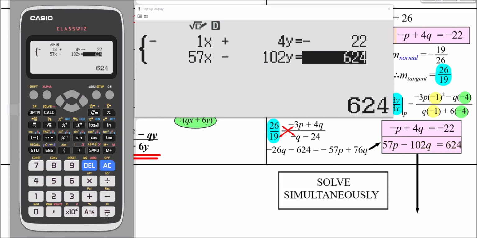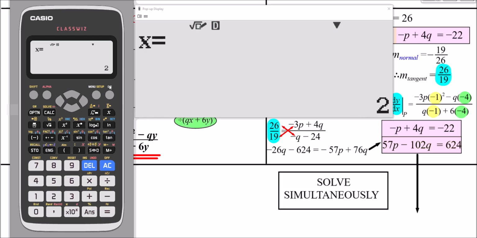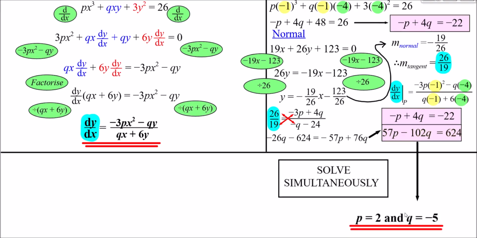And press equals again. We get that x is 2 and y is minus 5. But in our case, x corresponded to p and y corresponded to q. So in other words, p is 2 and q is negative 5. So therefore our final answer, like I've shown you on the calculator, or you could do it manually of course if you want to, p is 2 and q is negative 5.